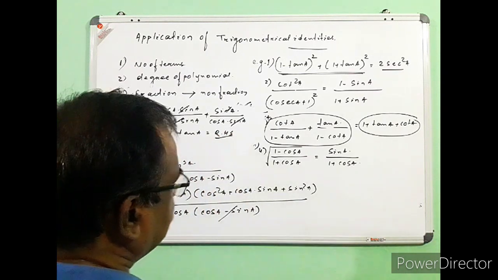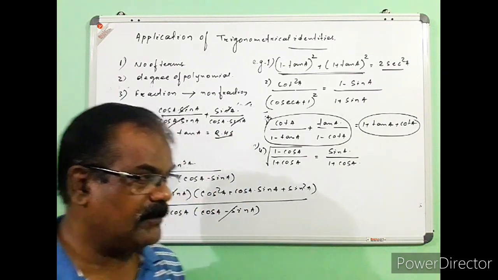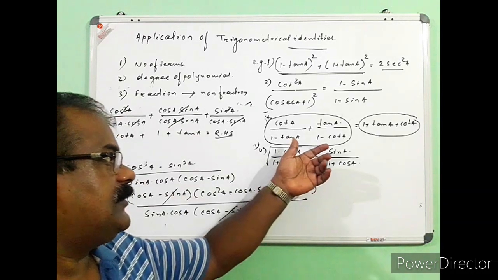So in such cases, it is better that you start from the fractional terms and then go to the other side to prove this, the one without any such fraction.